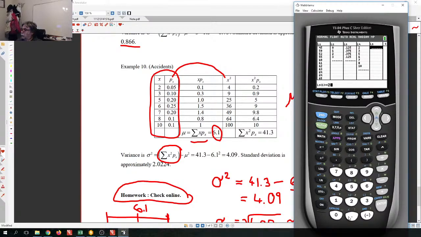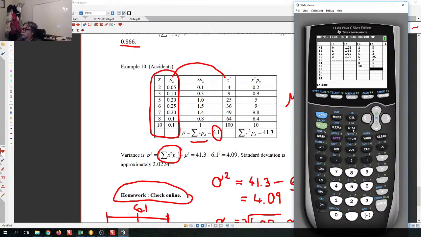And then I have 0.5, 0.1, those are probability masses, 0.2, 0.25, 0.2 again, 0.1, and 0.1. So it's a list. You've got to remember that it's list 4 and list 5.